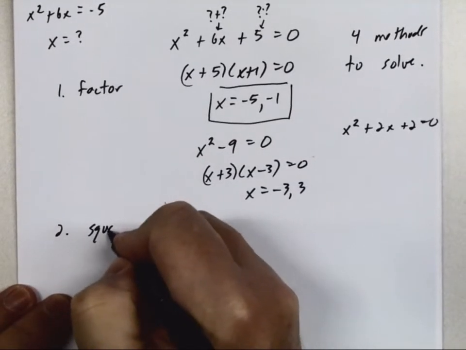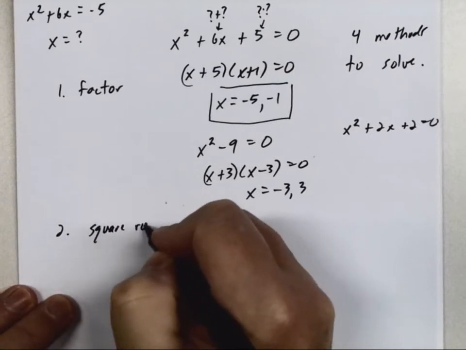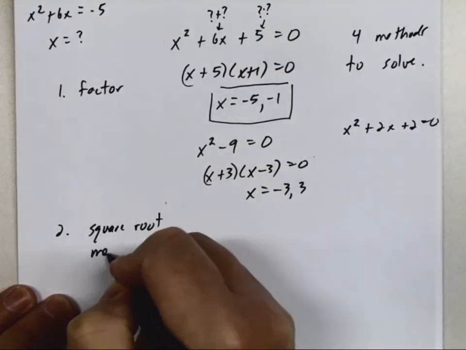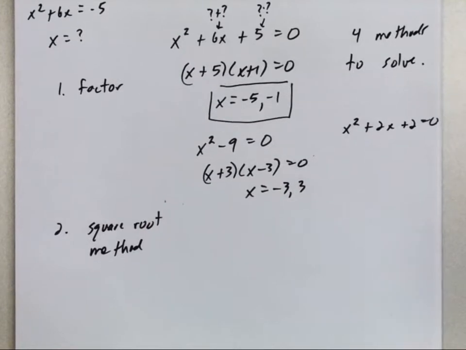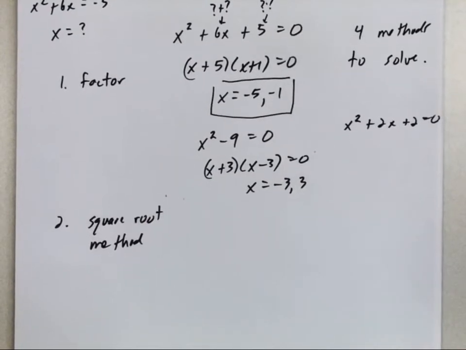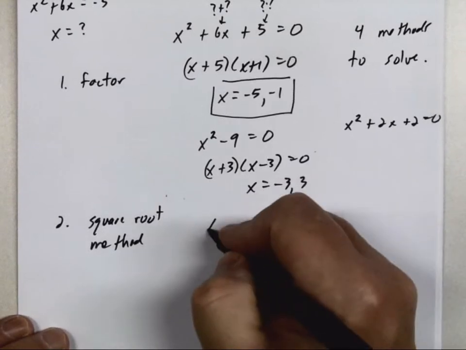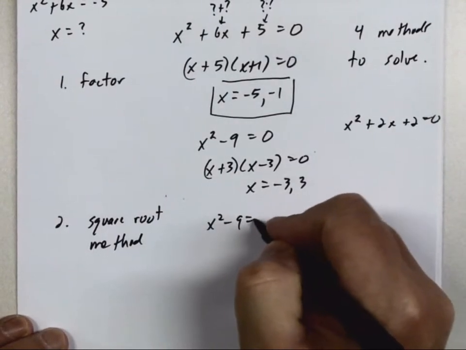The second method, which works sometimes, and if it does work, is actually pretty simple, is what I call the square root method. And that's where, here's an example, the problem I just did.